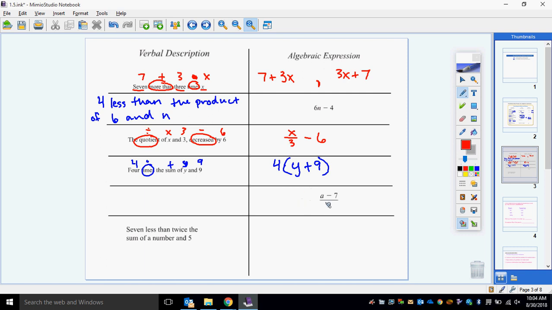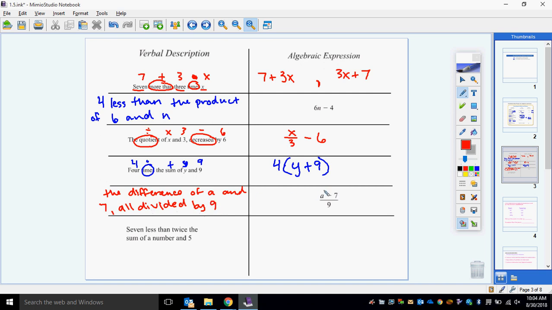The next one, I need to come up with a word phrase. So there's a couple different ways I could do this. One way that would work would be the difference of a and 7, and I could say all divided by 9.